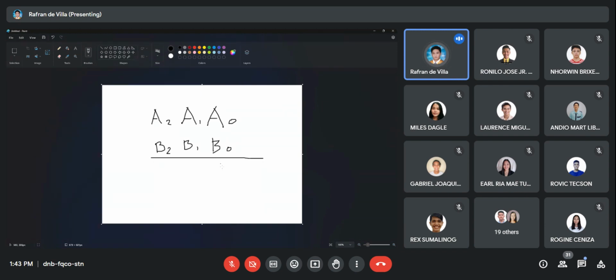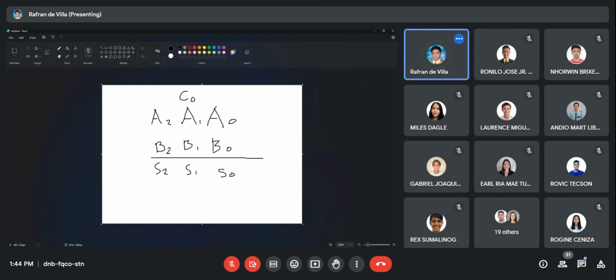When you add 3-bit numbers, of course, you have a sum in the ones place, another sum for the tens place, and another sum for the hundreds place. And the carry will be found on this side.